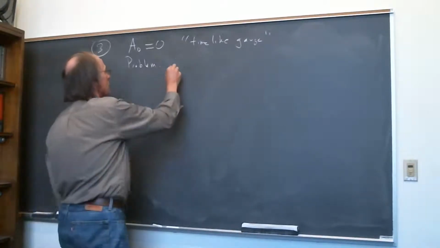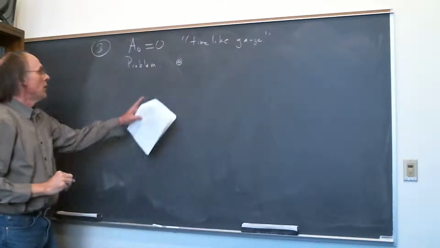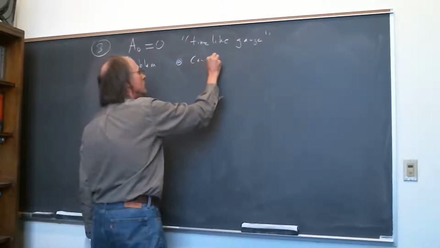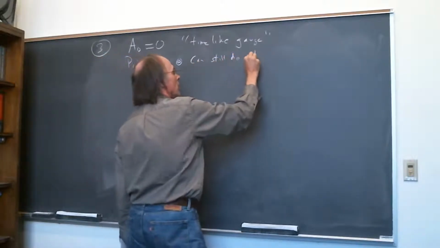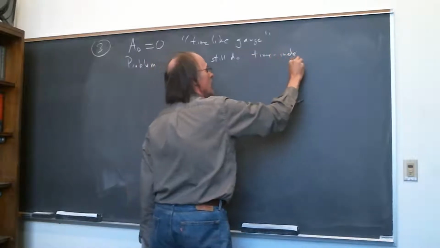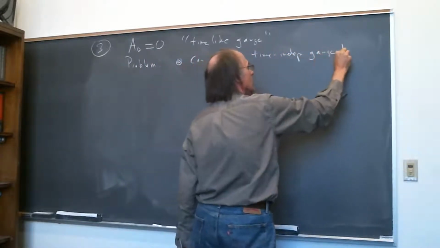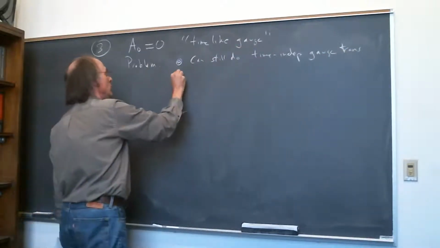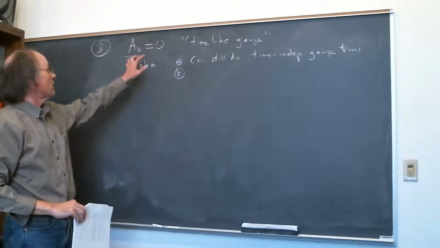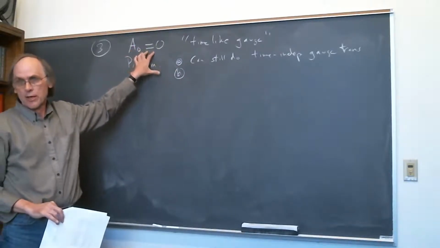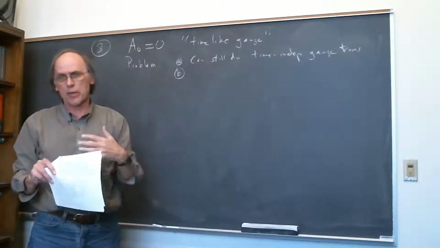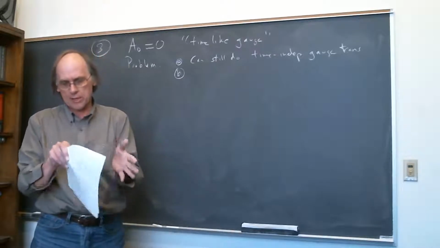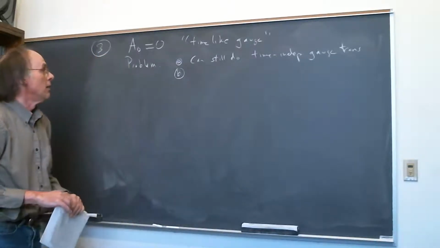One is that you can still do time-independent gauge transformations, and time-independent gauge transformations will preserve this condition, but they'll have the same problem: they'll take a solution which you thought was the unique solution with that initial data to another one.